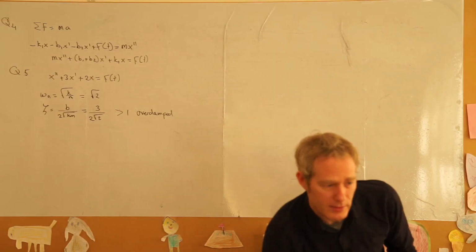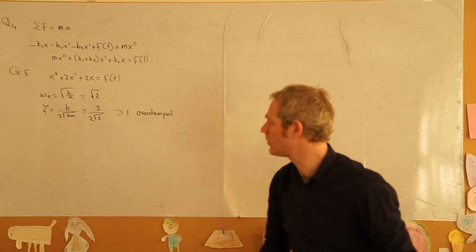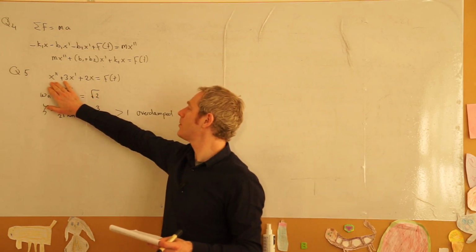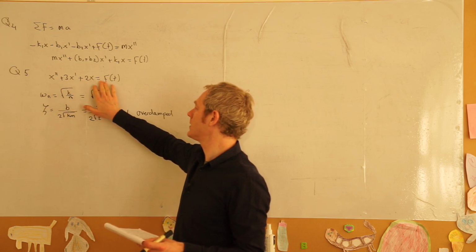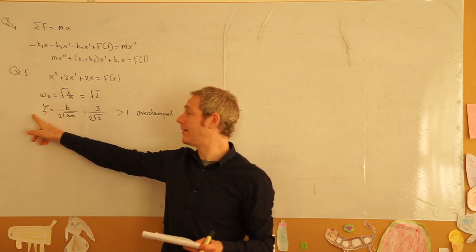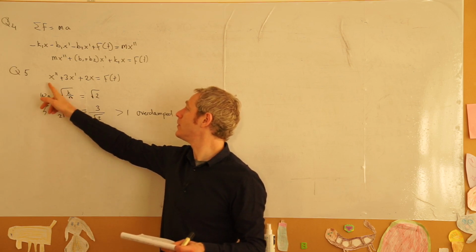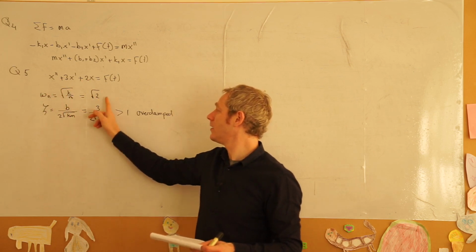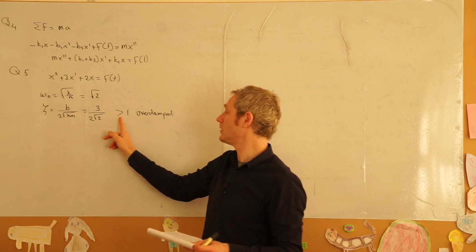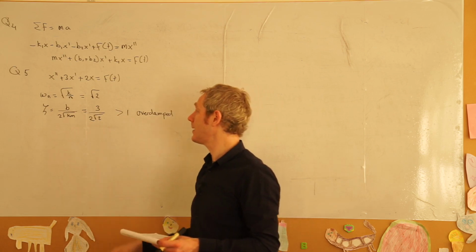And I see that I didn't switch to the right board, so I'll do question 5 again. We have x double prime plus 3x prime plus 2x is f. We can use these formulas for omega n and zeta, and if we fill in the coefficients, we get square root of 2 and 3 over 2 times the square root of 2, which is larger than 1, so the system is over damped.